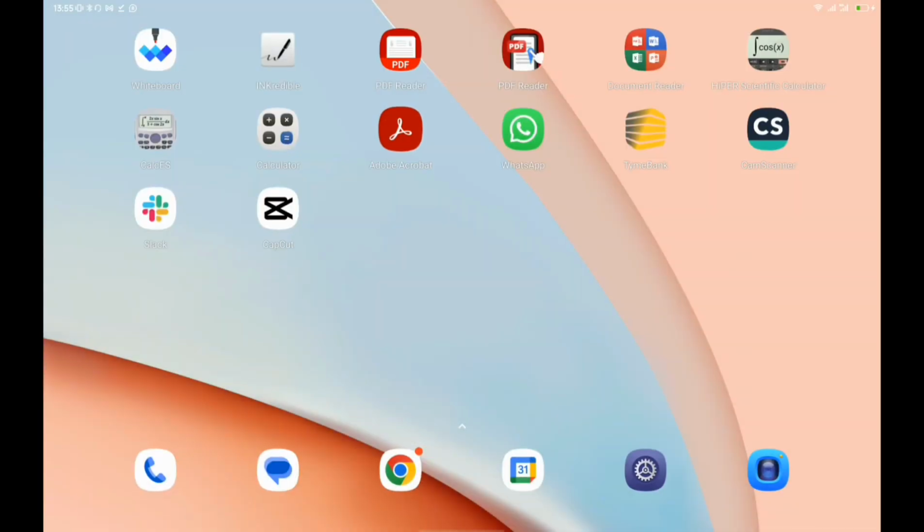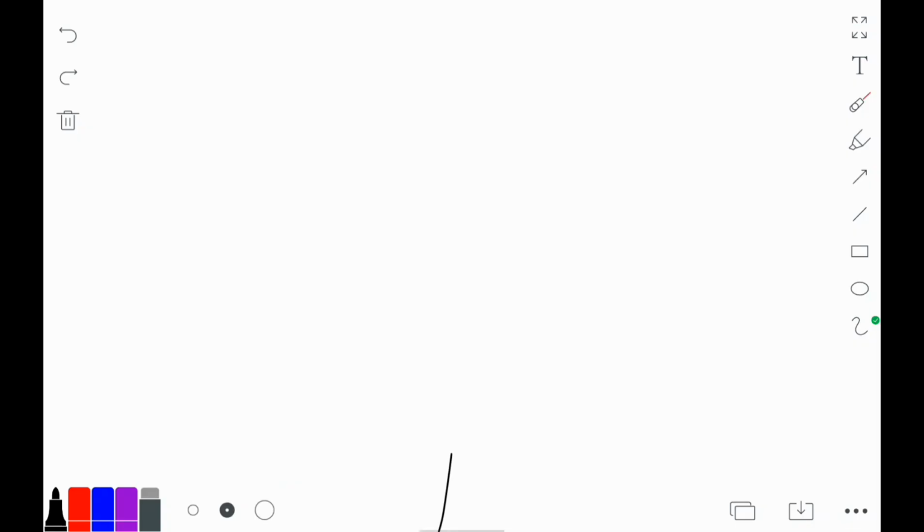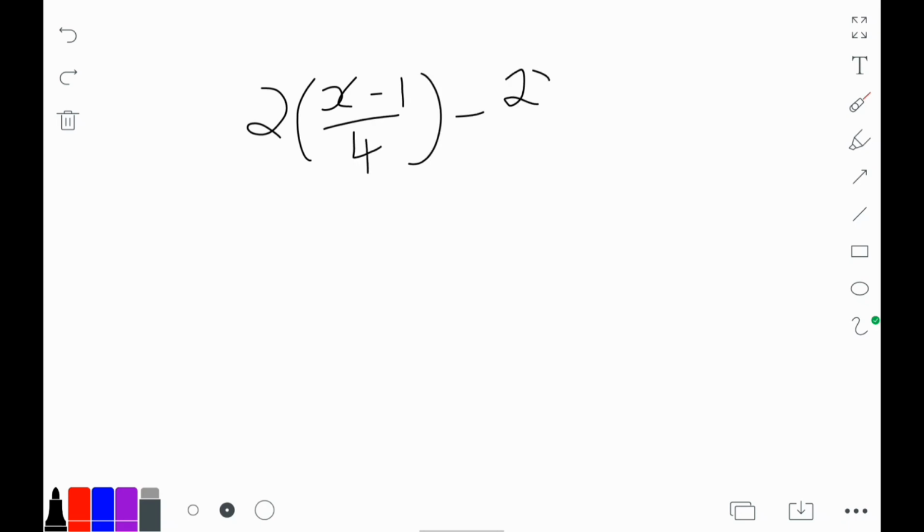I'm going to write it on the board: 2 in brackets x minus 1 over 4, close brackets, minus 2x over 3, equals 4 minus 3x divided by 12.